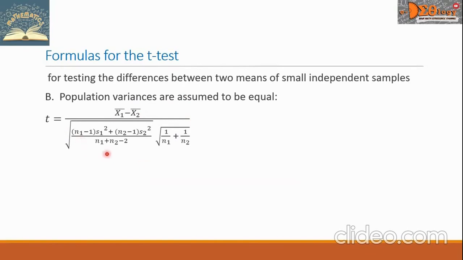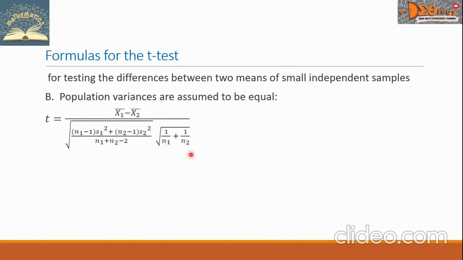The first radical is n sub 1 minus 1 multiplied by s sub 1 square plus the quantity n sub 2 minus 1 times s sub 2 square. And the denominator here is n sub 1 plus n sub 2 minus 2.